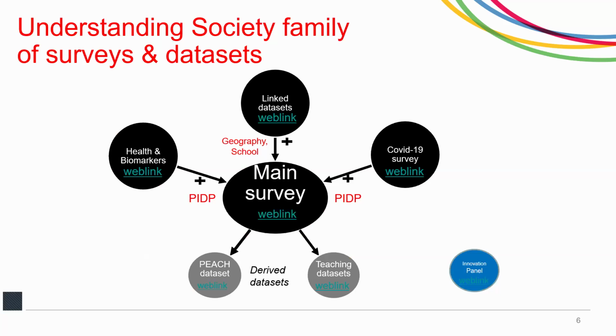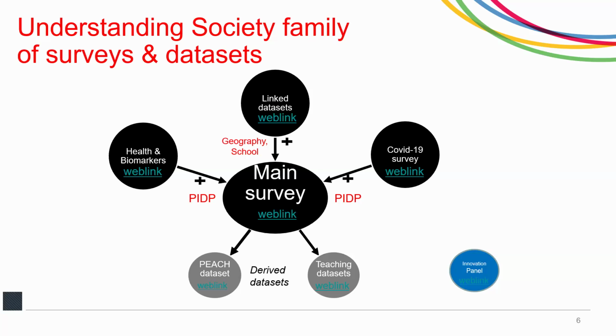When we talk about Understanding Society, we can imagine it as a family of surveys and datasets. As you can see in the center, we have a main survey to which you can link a variety of datasets and resources that we have at Understanding Society.